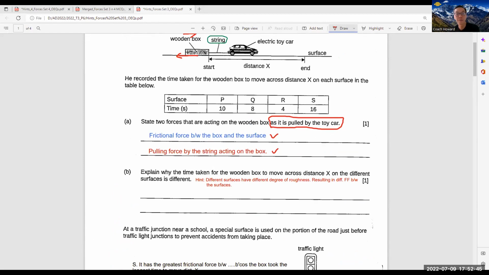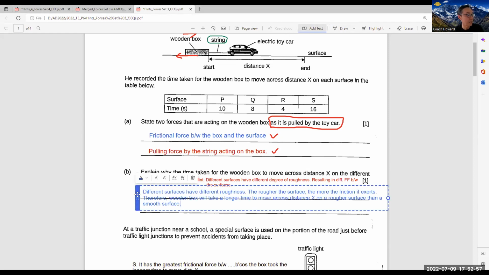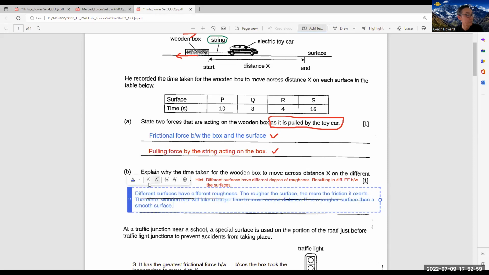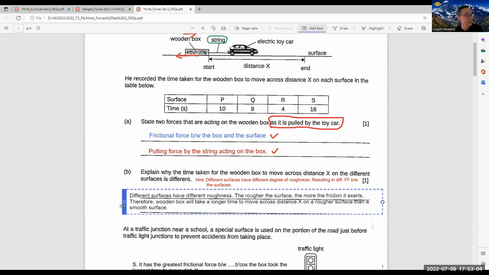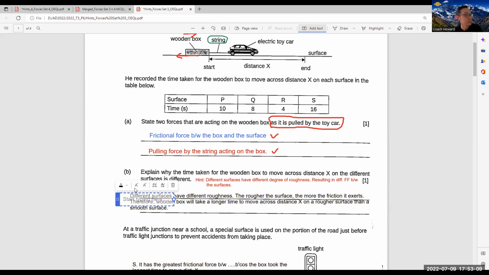So you just mention different surfaces have different degrees of roughness. Okay, I help you with this. I put it here. Different surfaces have different degrees of roughness.